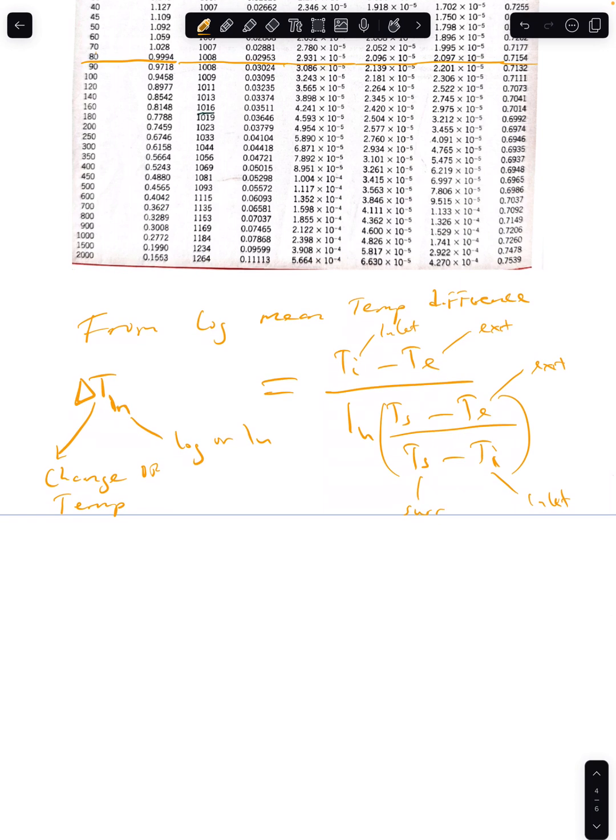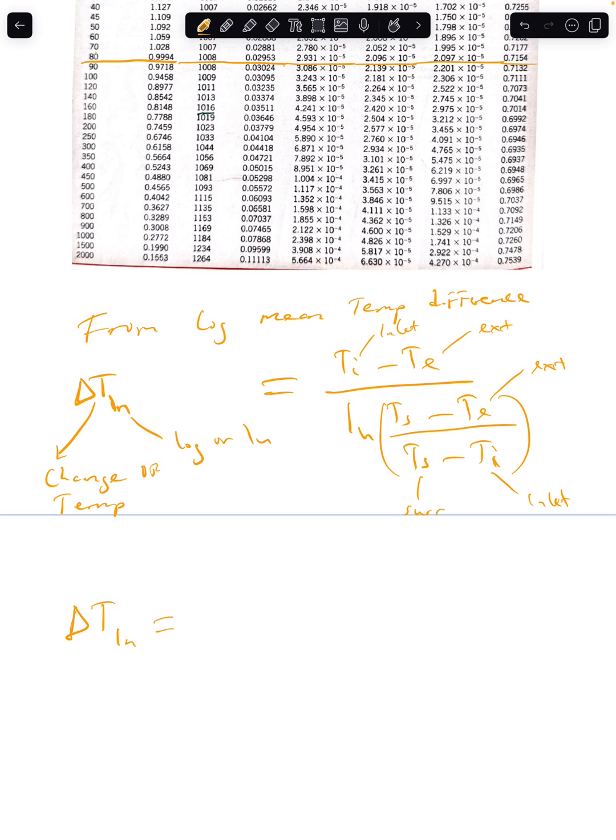So how do I get that log mean temperature difference? That is ln. Your calculator has the ln function.